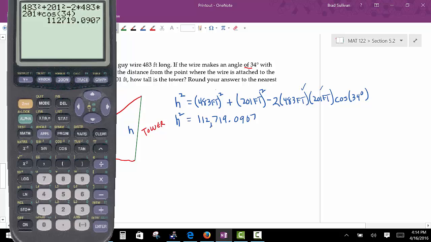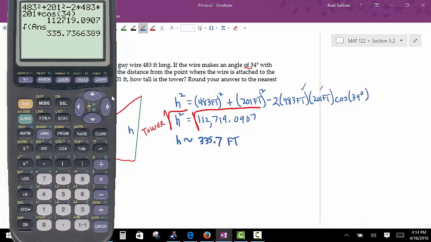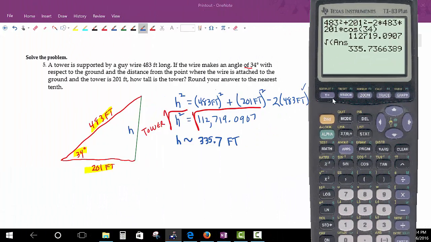So it's about 112,000. So I'm going to take the square root of both sides. And then that's going to leave me with what h is equal to approximately. So I just go second square root. Use the answer key for the memory, and that's going to give a height of about 335.7 feet. So that solves that problem.